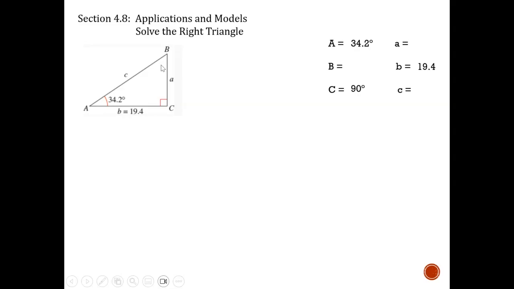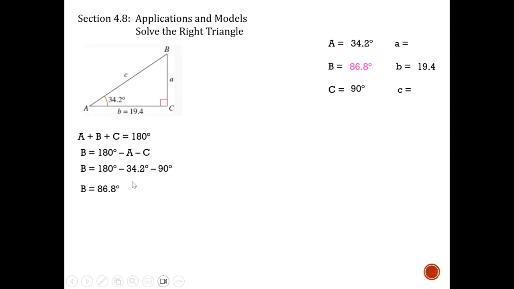The measure of all the angles inside a triangle has to equal 180 degrees. So angle A plus angle B plus angle C must equal 180. Angle B is equal to 180 minus angle A minus angle C. Now let's plug everything in: 180 minus 34.2 minus 90 degrees is going to give us 86.8 degrees.